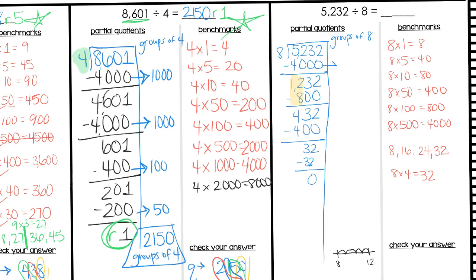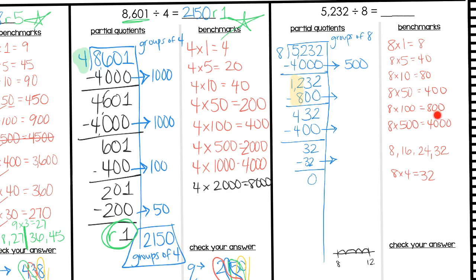Super. Alrighty. Let's look at each of the numbers that we subtracted. How many groups of 8 are in 4,000? Look at your benchmarks. In 4,000, there are 500 groups of 8. So we're going to write 500 groups of 8. Then we have 800.